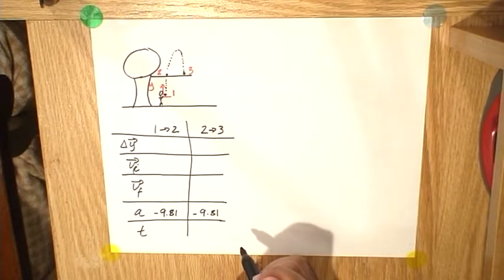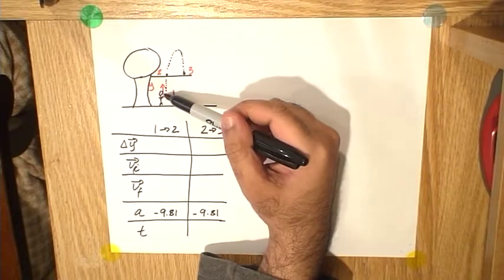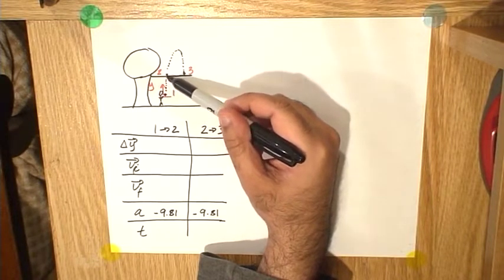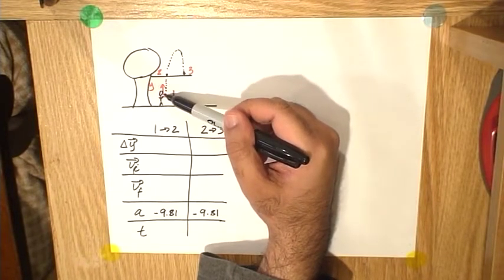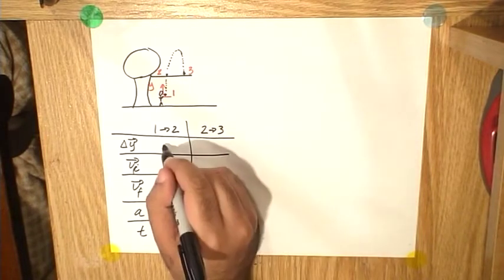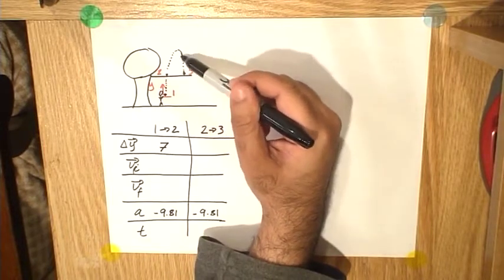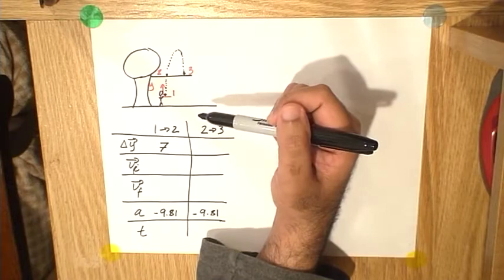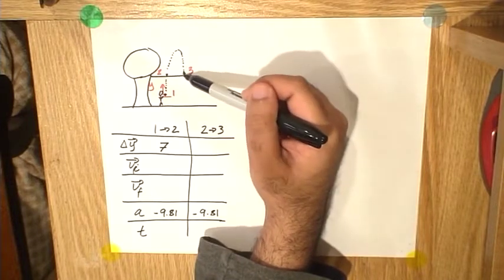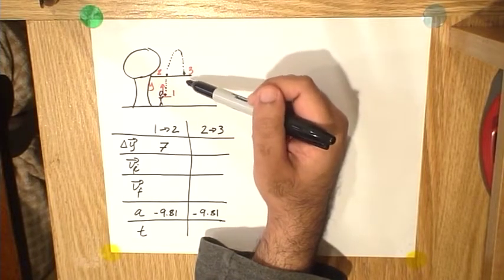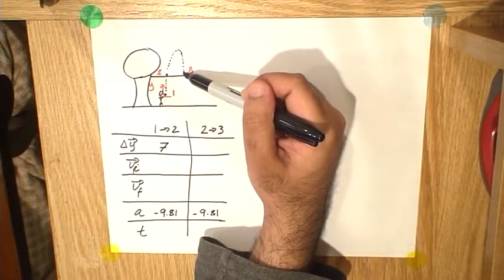We were also told that the distance from the rock to the branch in the first place was 7 meters, which also means that its displacement as it travels to the branch must also be 7 meters. Between positions 2 and 3, it has not moved at all in the y direction. Its y height has not altered between photo 3 and photo 2.